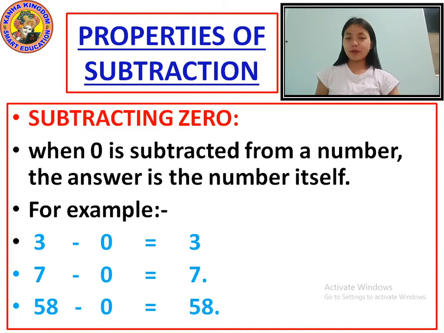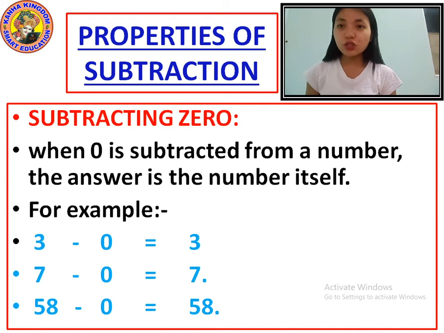For example, 3 minus 0 is equal to 3, right? Because you have to subtract nothing from 3. That means the answer is 3 itself, because we already said the answer is the number itself. In this example we subtract 0 from 3, so the answer is 3.